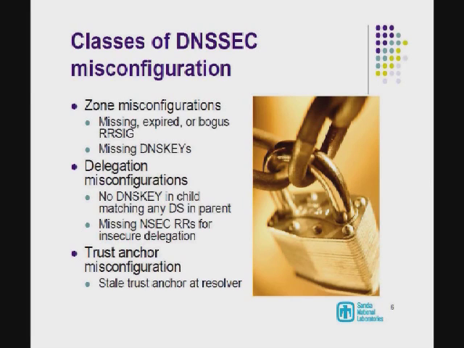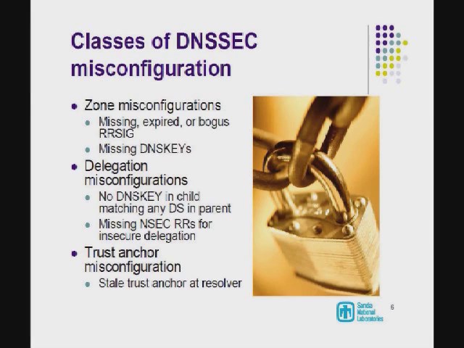And then delegation class misconfigurations extend beyond the zone itself and basically refer to breaks in the chain, because there are no DS records in the parent that correspond to any DNSKEY resource record in the child, or there are DS records in the parent that don't correspond to a DNSKEY in the child. That's problematic.